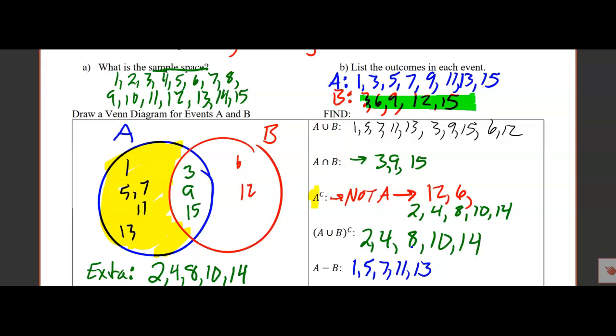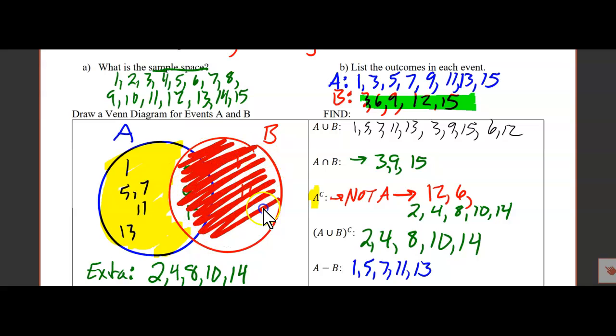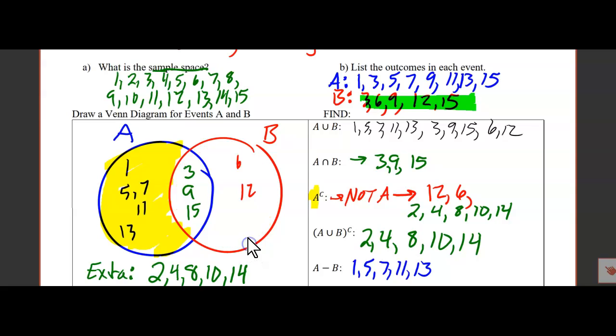That's it. Not for A minus B. Look, I'm taking out everything, so this is B. If I'm saying A minus B, I can't include anything that's in B, and that's all in B. Okay?